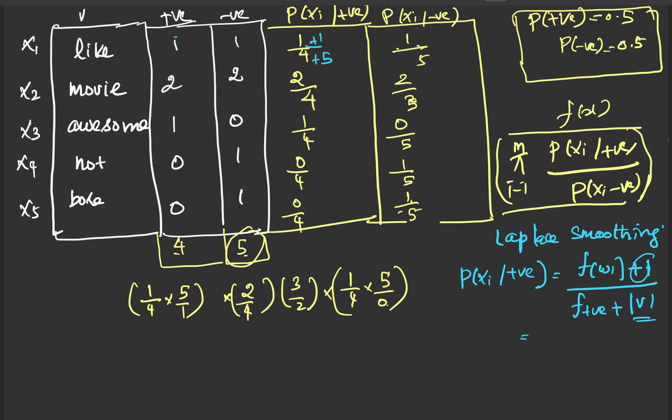What is this 5? 5 represents the number of unique words in this vocabulary. Similarly, for the negative class, it is exactly the same. Size of the vocabulary is 5. So now we avoided the 0 division problem.